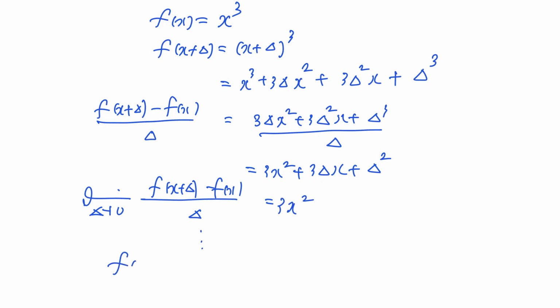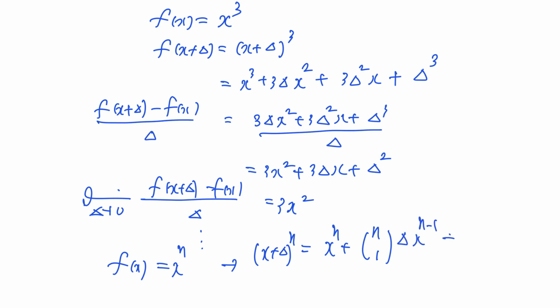You can continue. When f(x) is x to the n, what do we get? You can do the same thing, binomial expansion. (x plus delta) to the n is x to the n plus n choose 1 delta x to the n minus 1 plus n choose 2 delta squared x to the n minus 2 and so on up to delta to the n.